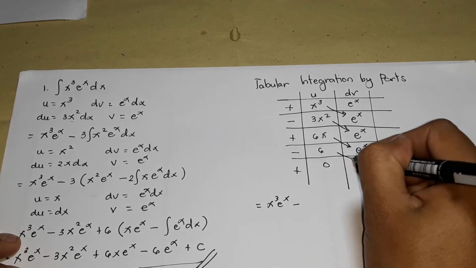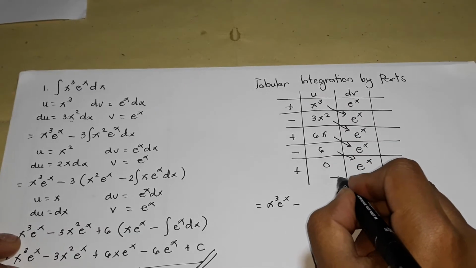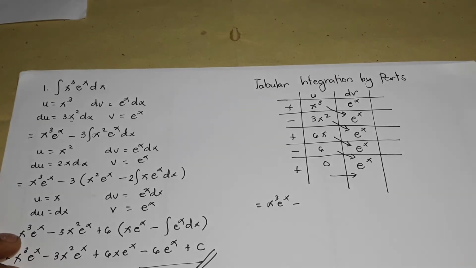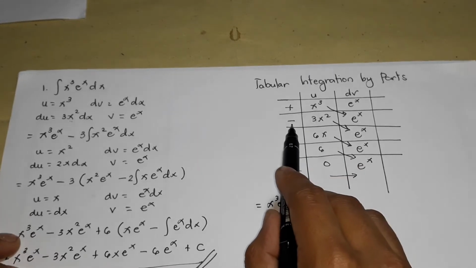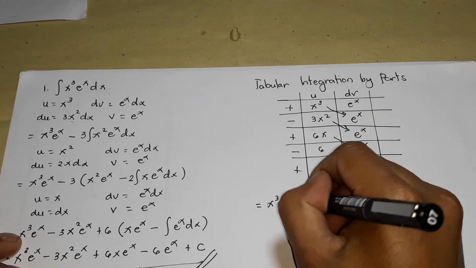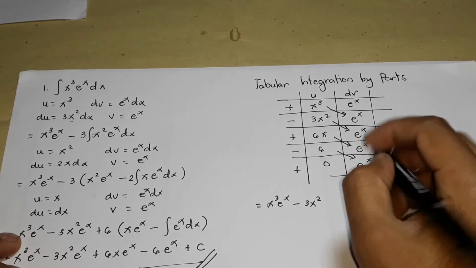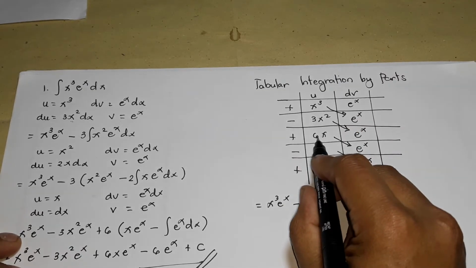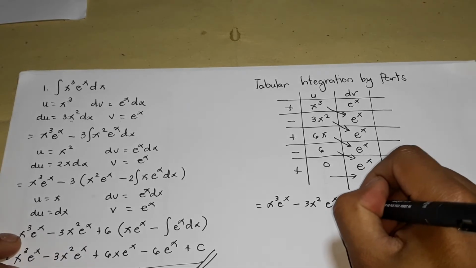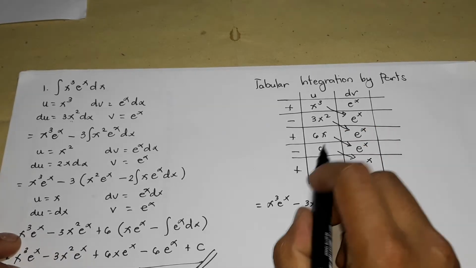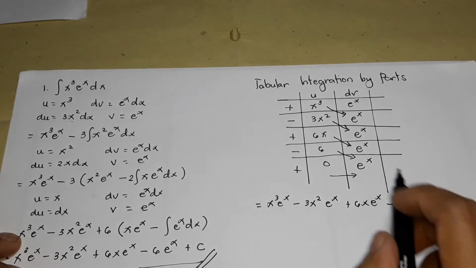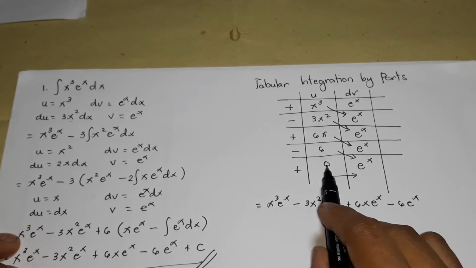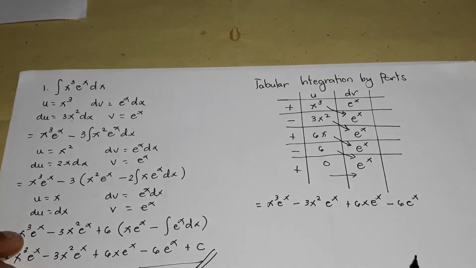Okay, here it goes. And then for the last part, you do the horizontal multiplication. So we have, again, positive x cubed e to the x, negative 3x squared times e to the x, plus 6x e to the x, minus 6 e to the x, and for the last part, that's positive 0 times e to the x, that is 0, and that's the time where you will integrate.